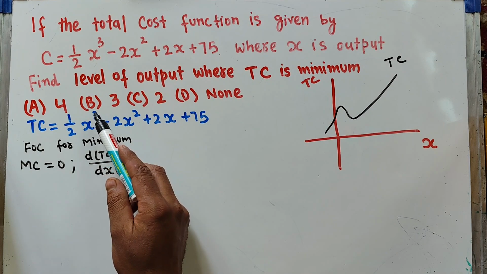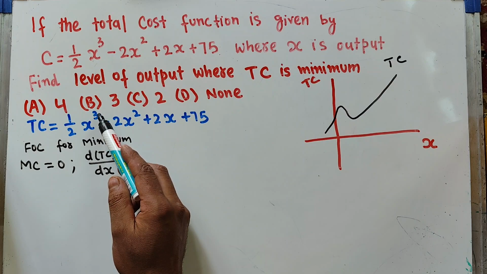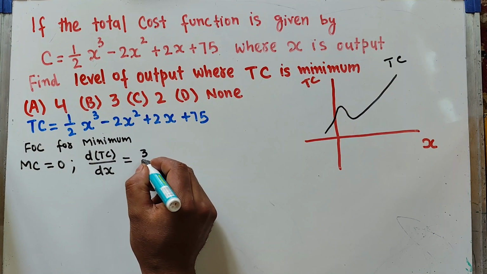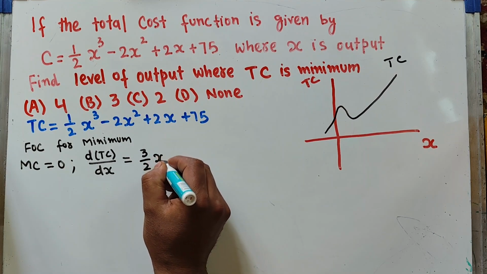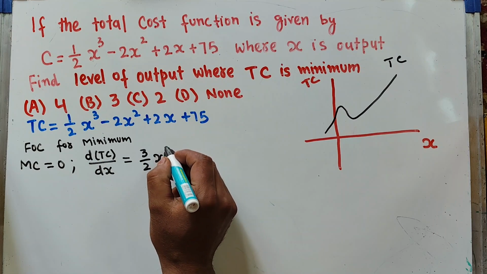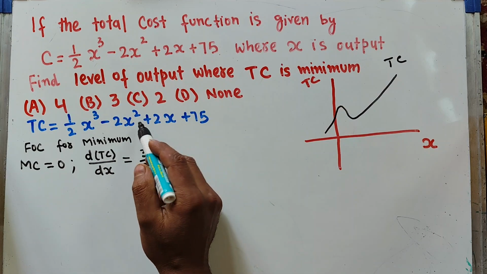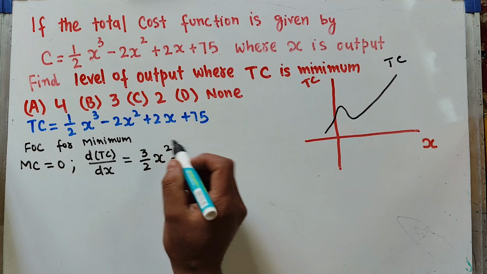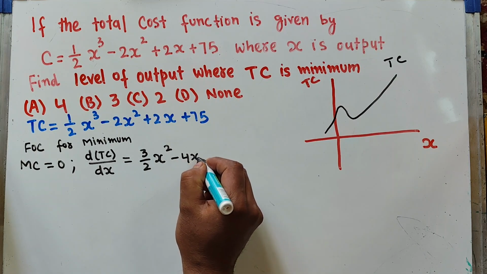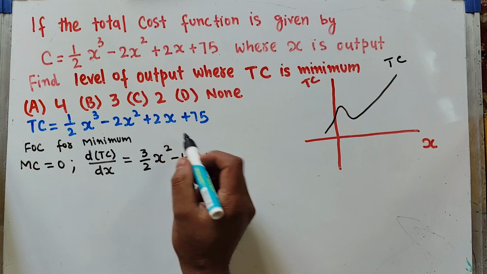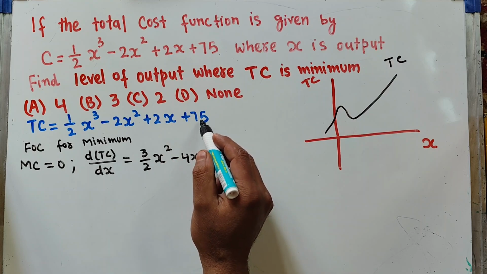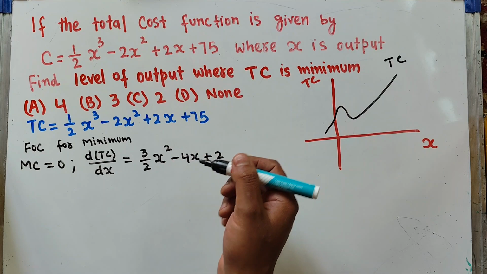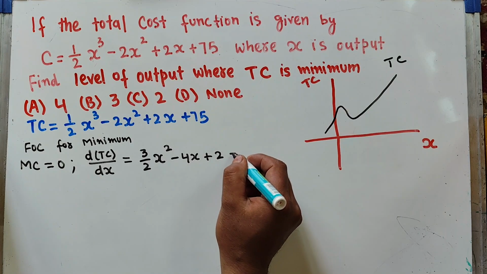Let's take the derivative. The derivative of x cube is 3x square by the power function rule, so it becomes 3/2 x square, where the exponent is reduced by 1, minus the derivative of 2x square, which is 4x, plus the derivative of 2x, which is 2, and the derivative of a constant is 0. Then we set it equal to 0.